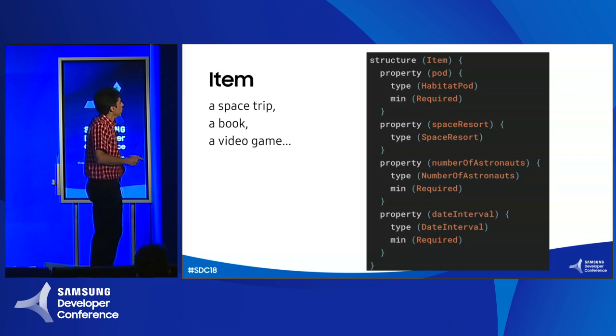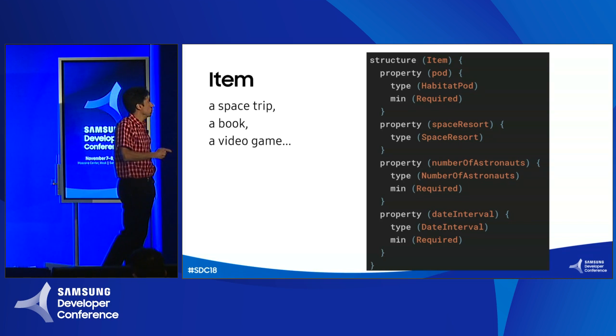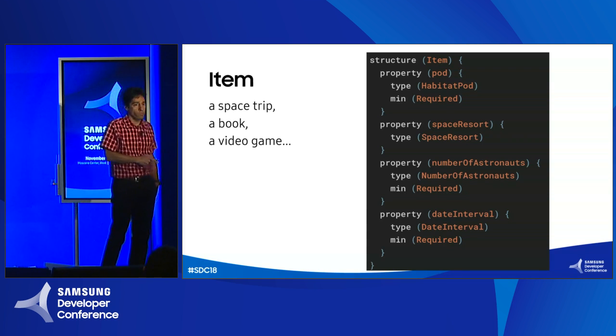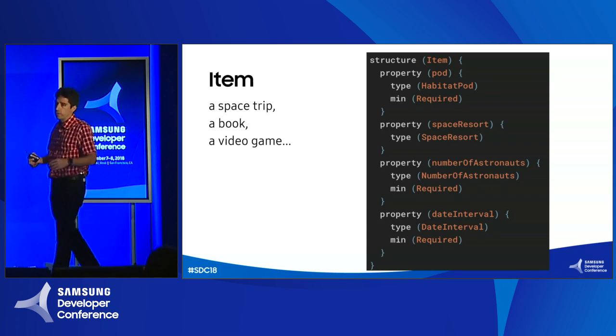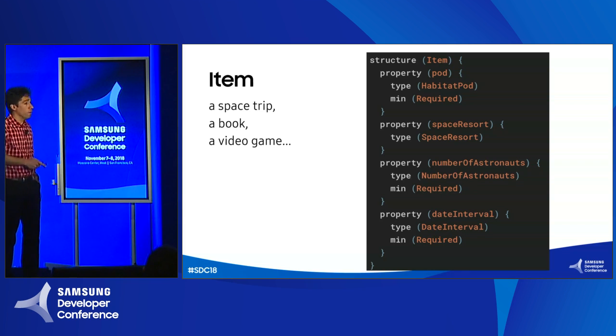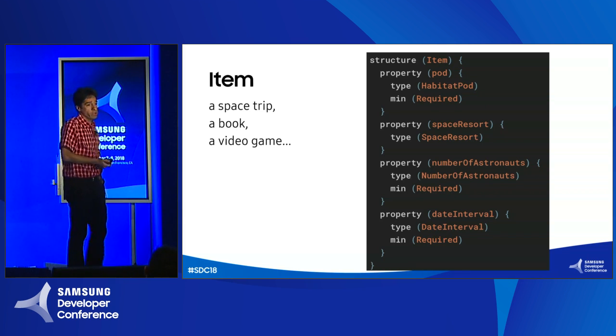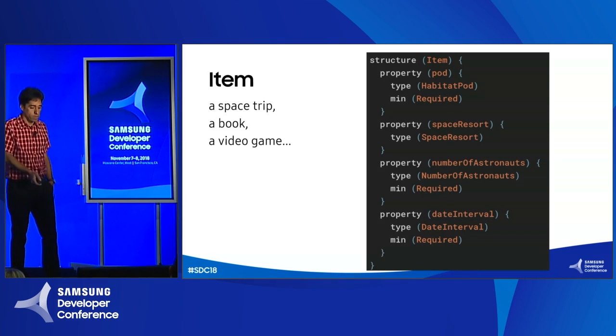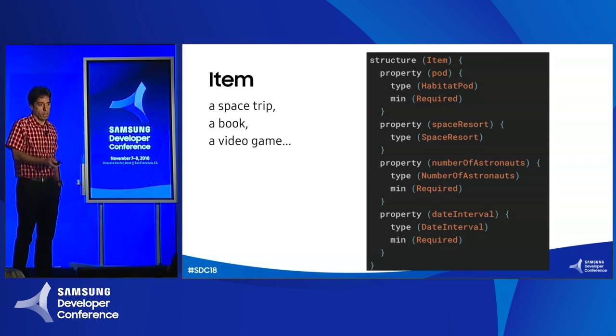The item itself, in our case, is a reservation for a habitat pod on a space resort for a certain number of astronauts for a certain date interval. In your case, this could be a book, a video game, a restaurant reservation. So the same pattern could apply for your use cases.